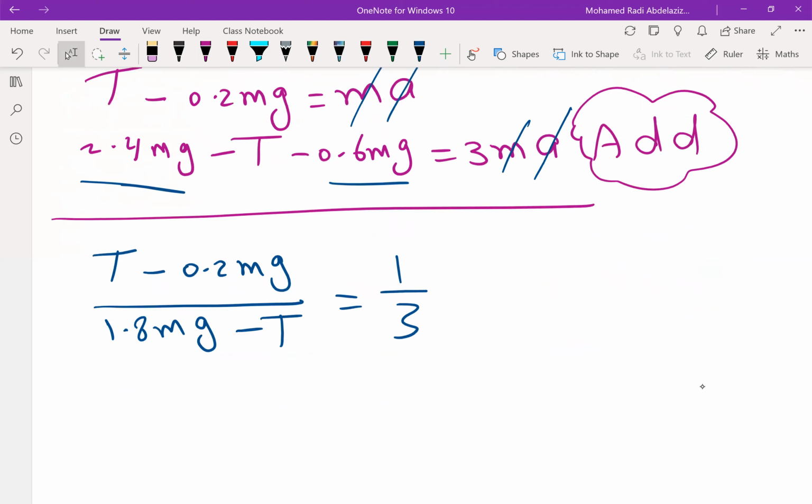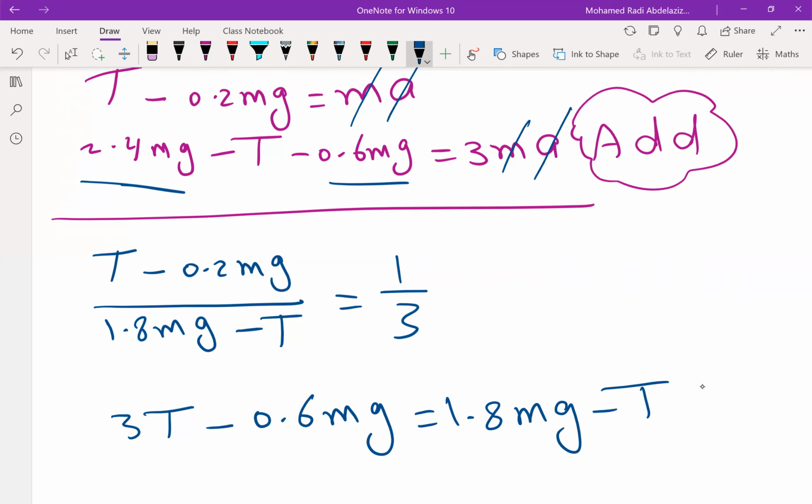Use cross multiplication: 3T minus 3 times 0.2, which is 0.6 mg, is equal to 1.8 mg minus T.